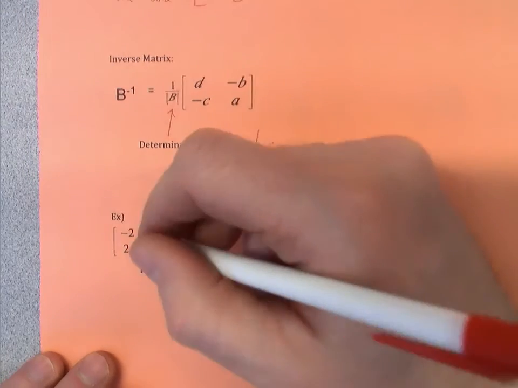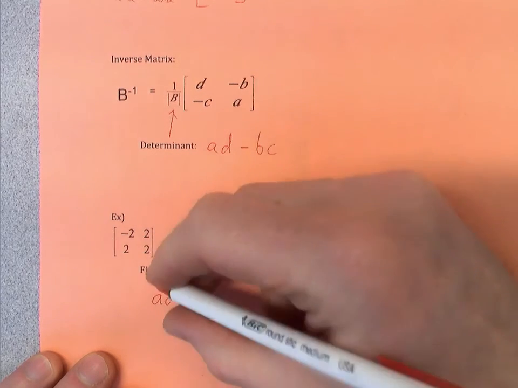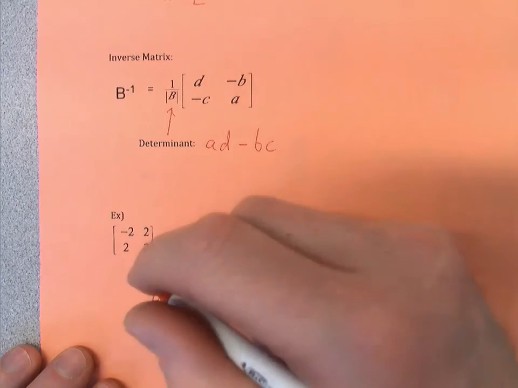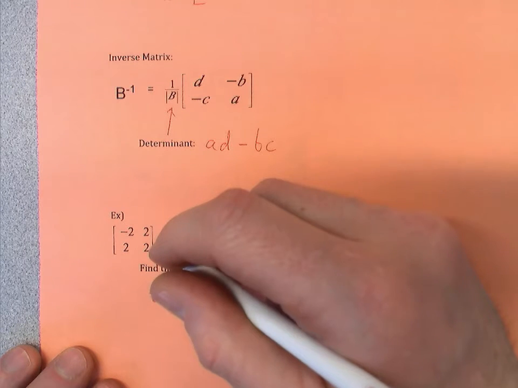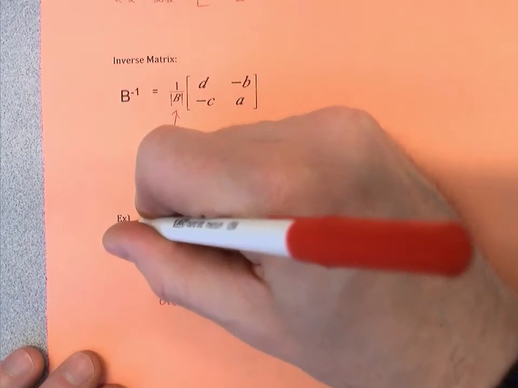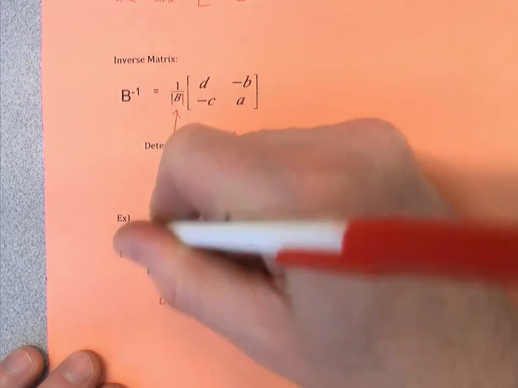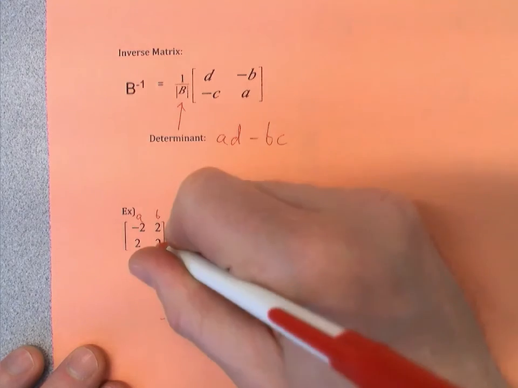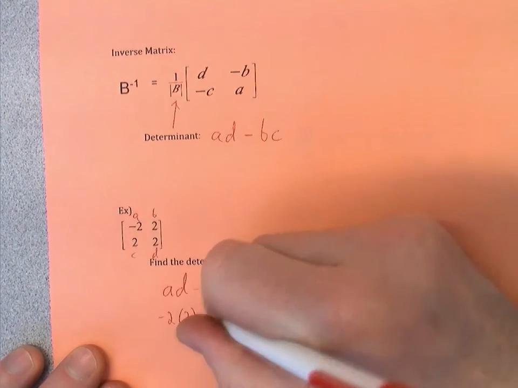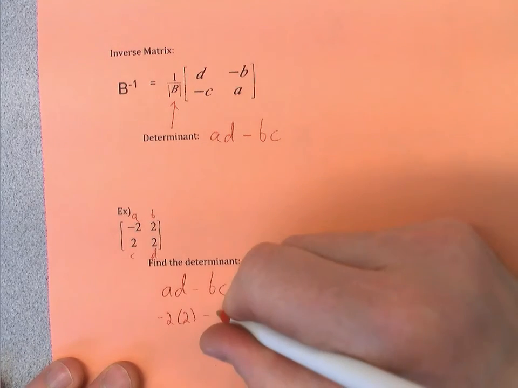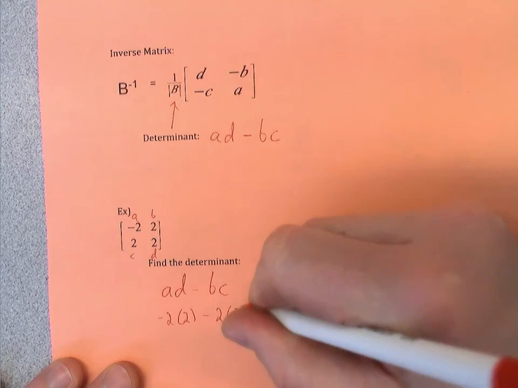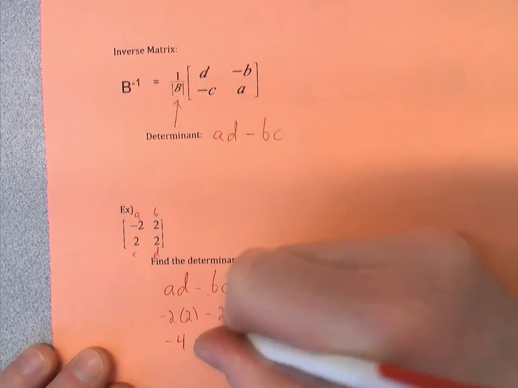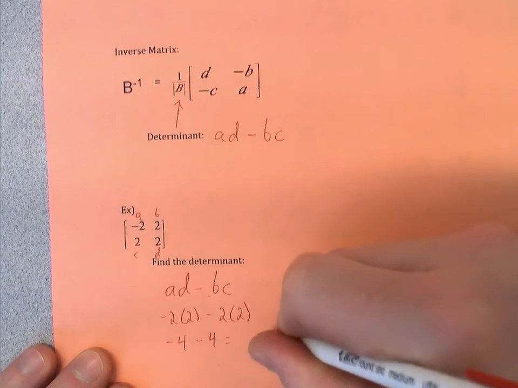So again, we apply this idea of A times D minus B times C. When we talk about these, this would be A, this is B, this is C, and this is D. So we're going to have -2 times 2, A times D, minus B times C, which is 2 times 2. -2 times 2 is -4, and 2 times 2 is 4, so -4 minus 4. The determinant here is going to be -8.